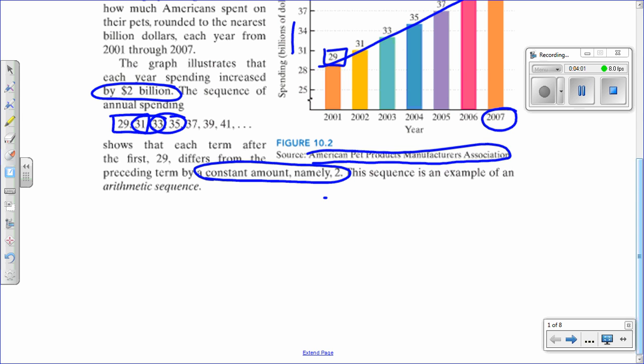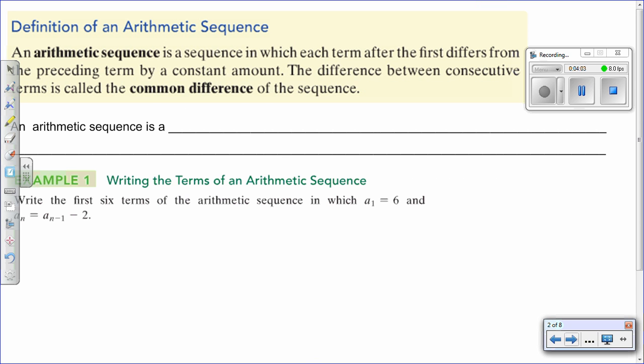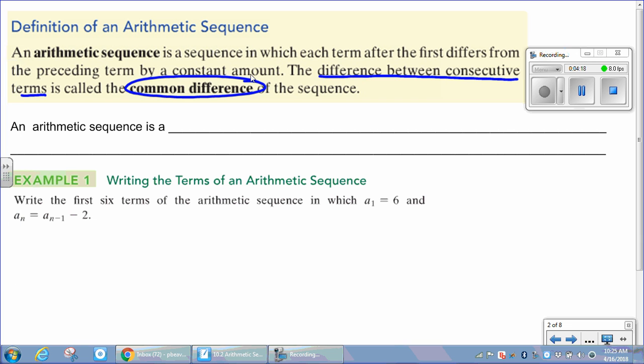I'm sorry, common difference. Ratios are for the next section. Please highlight that the common difference is the difference between consecutive terms. It could be positive or negative, and that's okay.